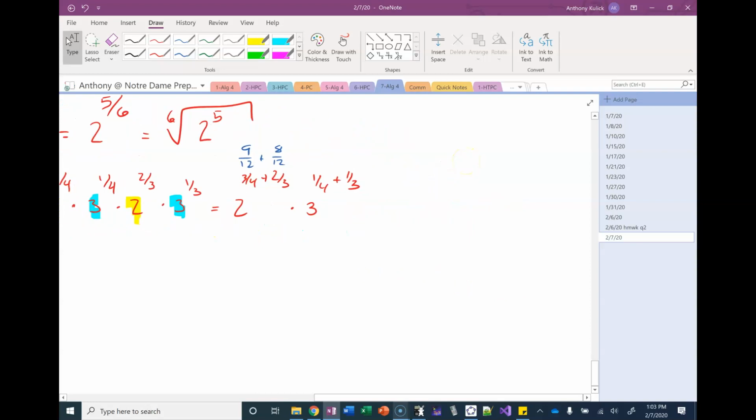Now let's look at 1/4 and 1/3. What would the common denominator there be? Still 12. So I'll multiply the first fraction by 3 over 3 and the second fraction by 4 over 4. So when I add those fractions, I get 17 over 12 times 3 to the 7 over 12. Is everybody okay with this?